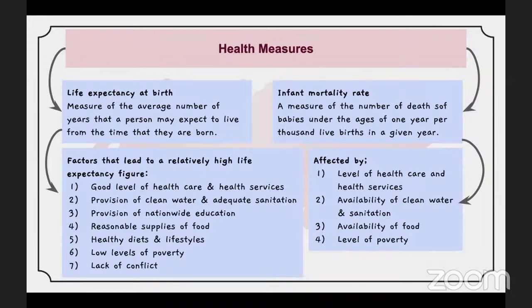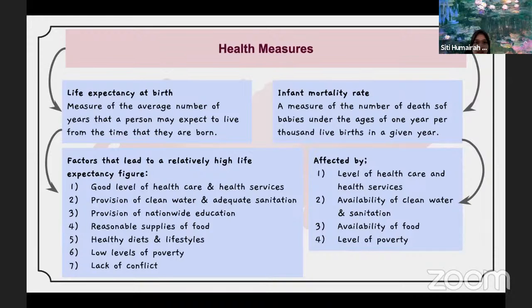Usually, the infant mortality rate is affected by level of healthcare and health services, availability of clean water and sanitation, availability of food, and level of poverty. So usually, maybe in developing countries or third world countries, the infant mortality rate is high because there is no access to these basic needs.